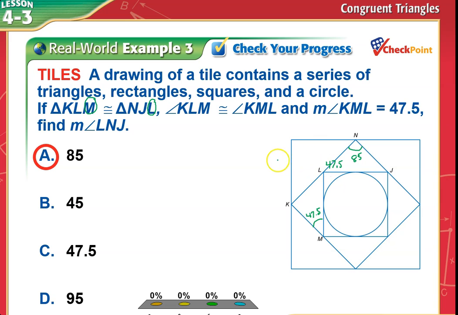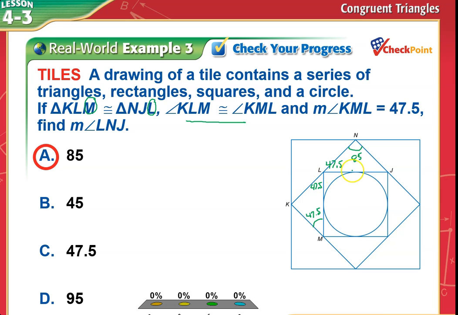We also know, though, that angle KLM and KML are congruent. That tells us a lot then, right? It tells us right here that KLM and KML have to be the same. So this L right here is also 47.5.